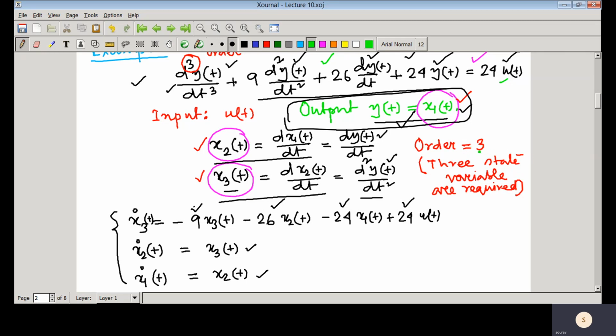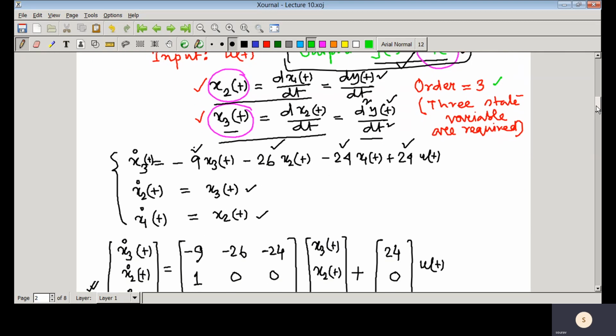The number of state variables is dictated by the order of the differential equation. So here that order is 3. That's why you need 3 state variables to describe that system. And just by defining state variables and following this particular technique, you can represent that differential equation in matrix form.